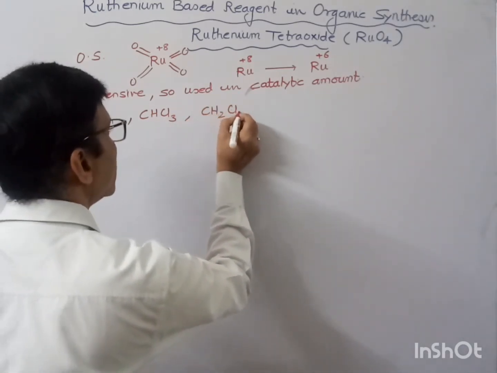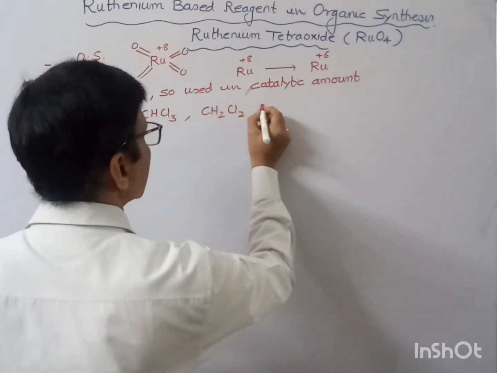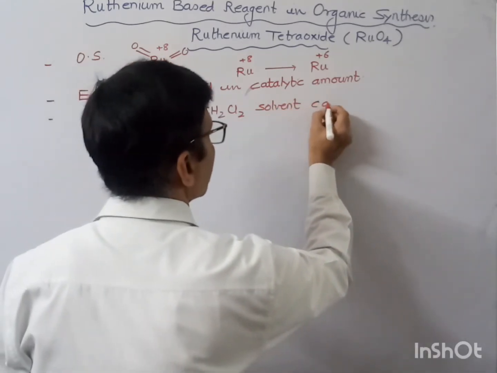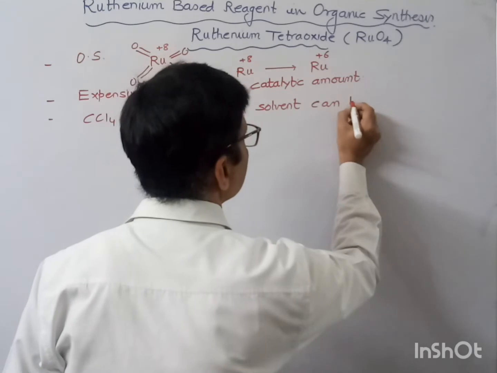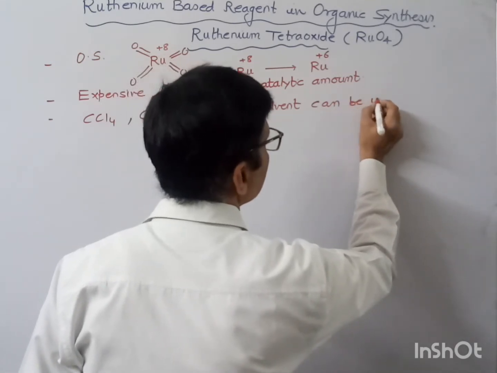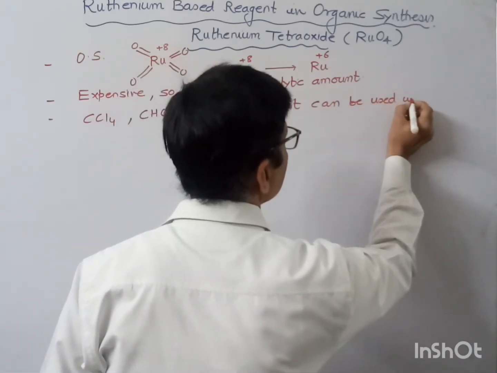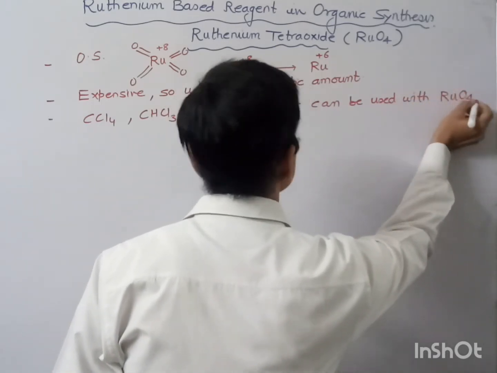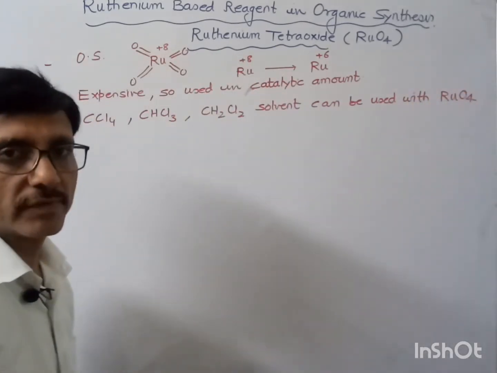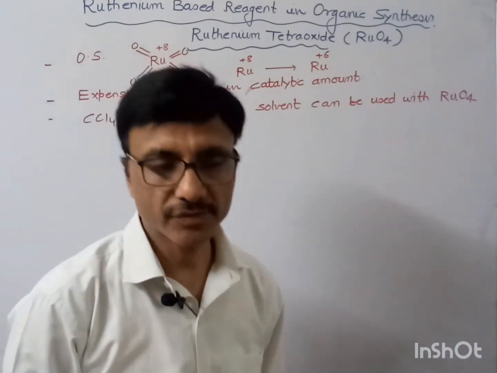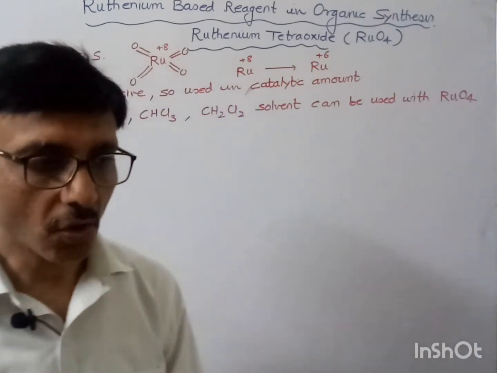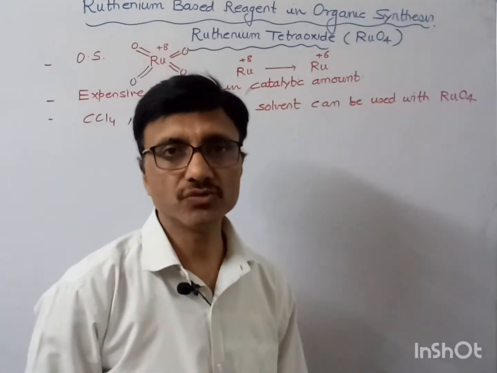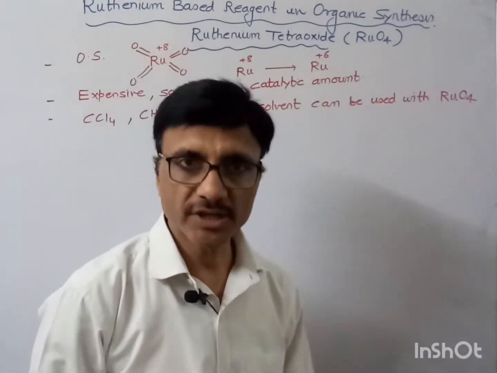So these solvents can be used with ruthenium tetraoxide. Other solvents like benzene or ether cannot be used with ruthenium tetraoxide.